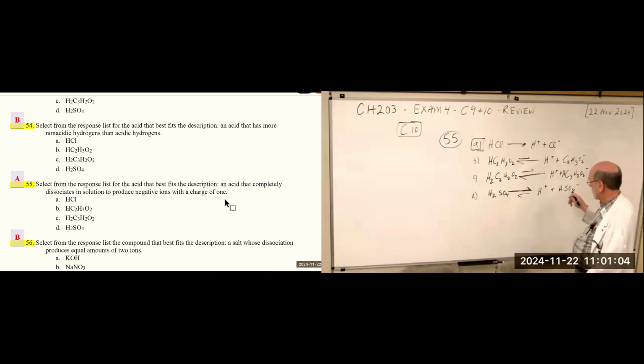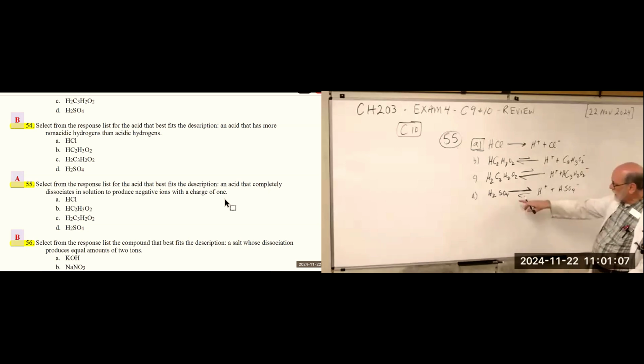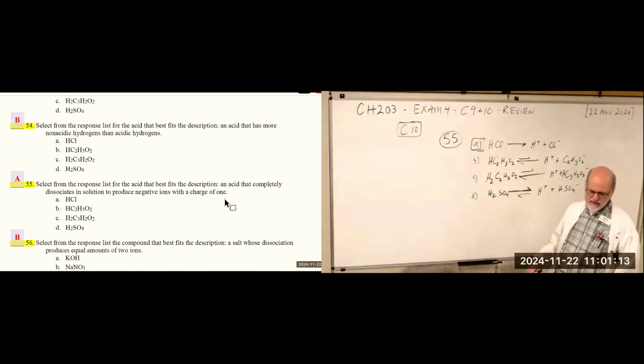HSO4 minus. This one is weak. That one's strong. This is weak. So it doesn't completely dissociate. It only goes for 1 hydrogen. That technically is not a good question.